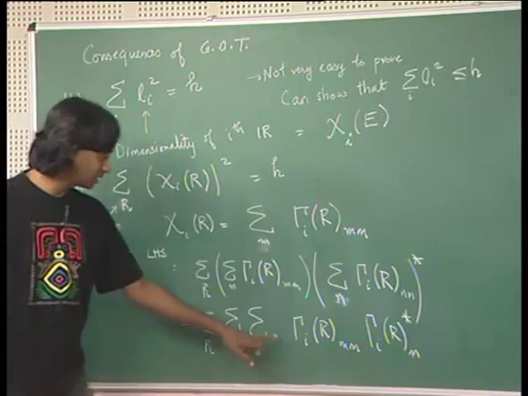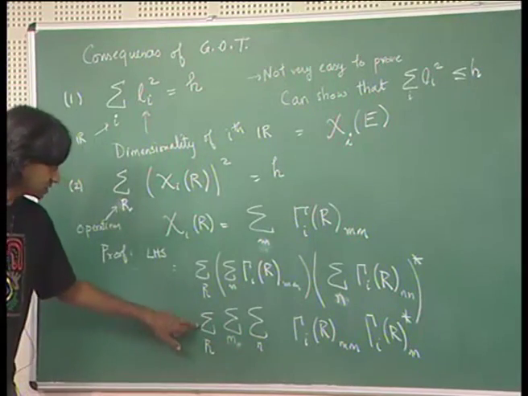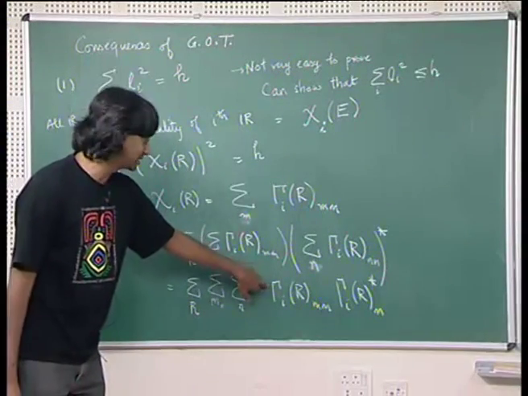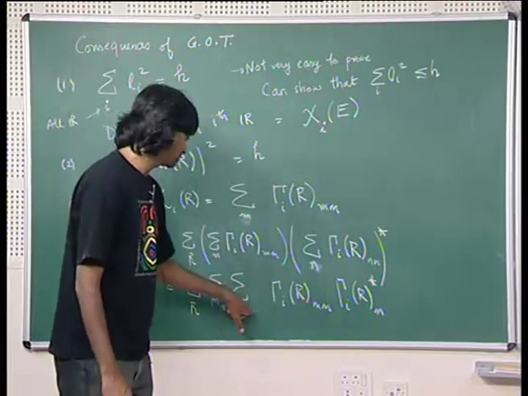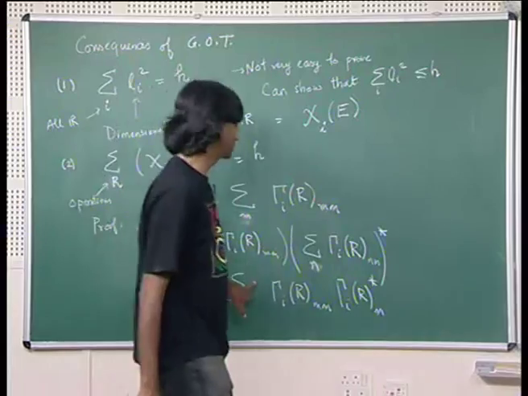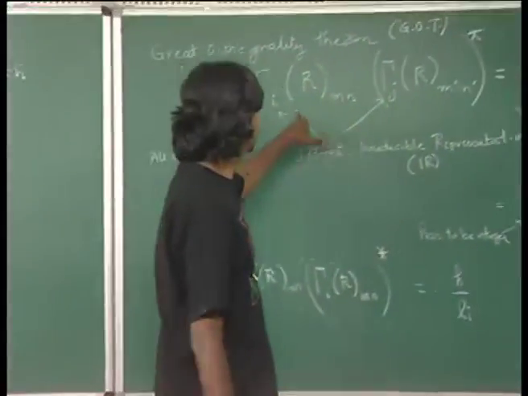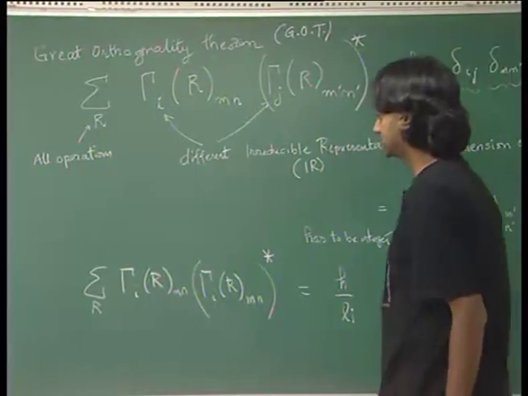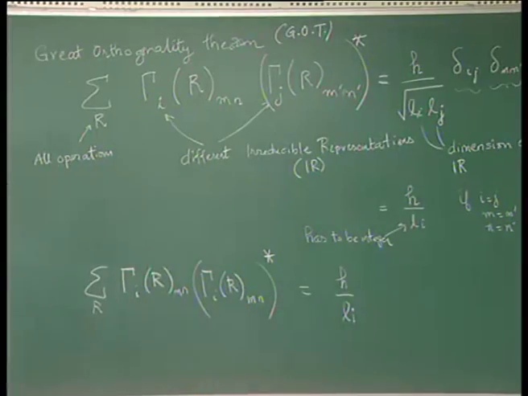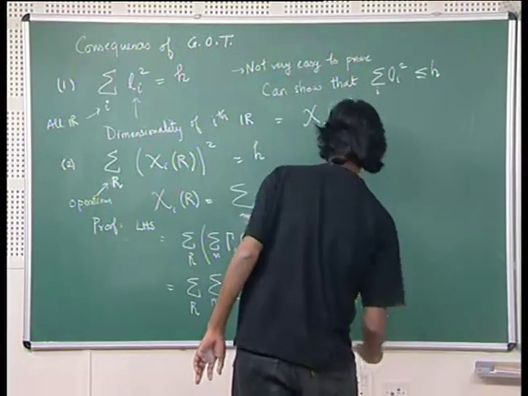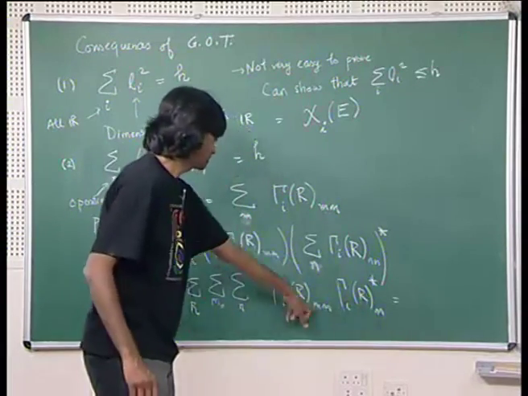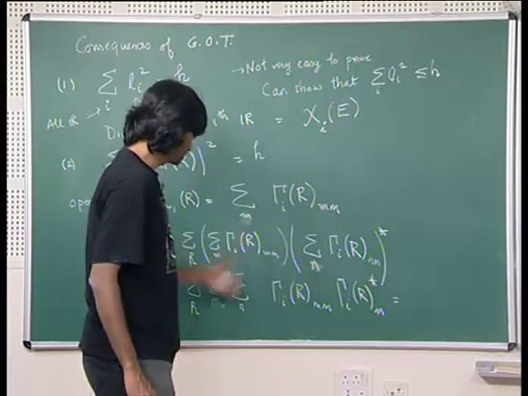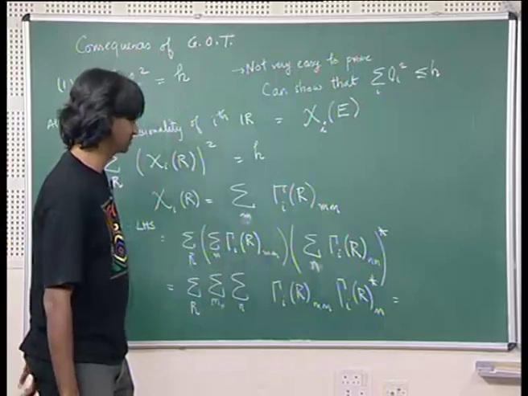Now I can switch the order and take the sum over R inside. Then I use the GOT, and I will get a delta mn, which allows me to get rid of one of these sums.